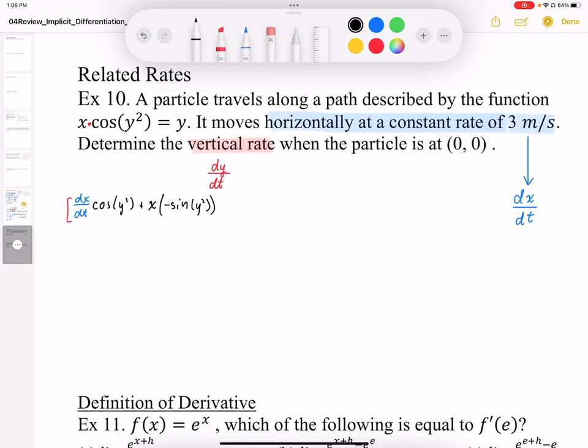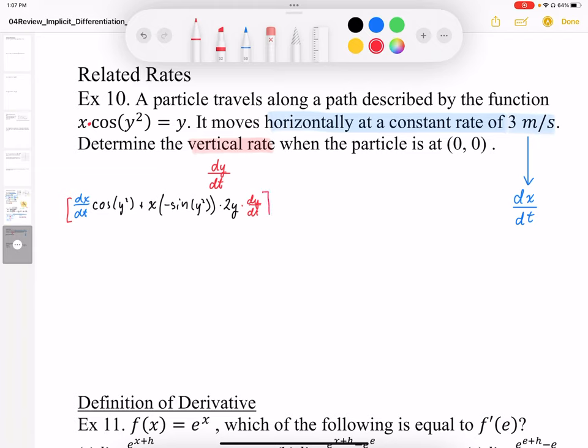But because y is embedded, I need to apply chain rule, so I end up with times 2y. And since the y is embedded in all of that, I need to then apply the chain rule again. This is where my dy by dt comes into play. Okay, so this is what I need to solve for. This is what I'm trying to find.